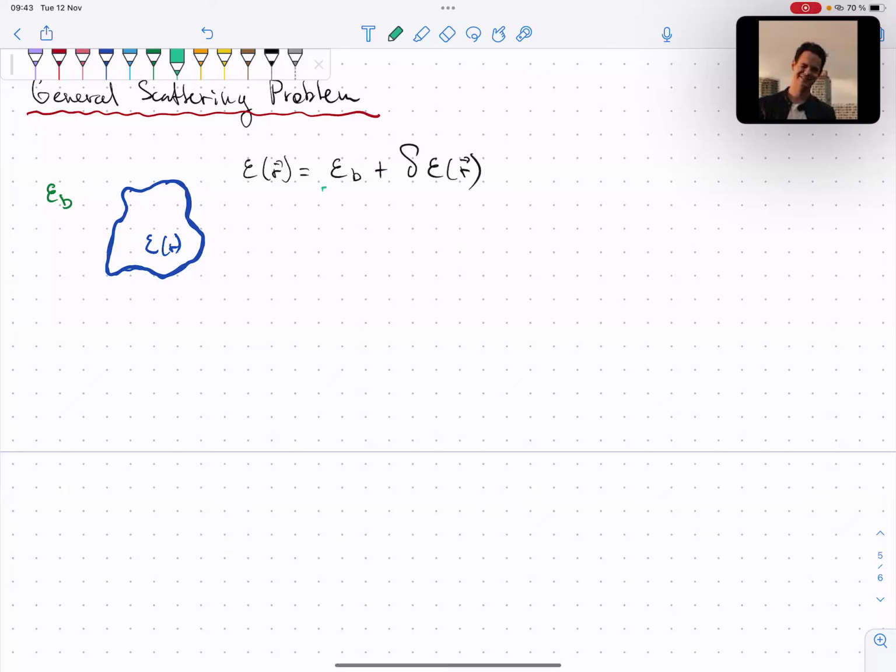So this is our background. For example, it can be air or it can be some dielectric. And this guy is the change in permittivity due to the scatterer. We will call this object that scatters light a scatterer.